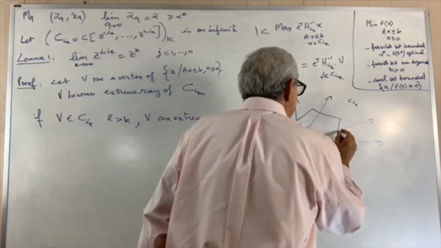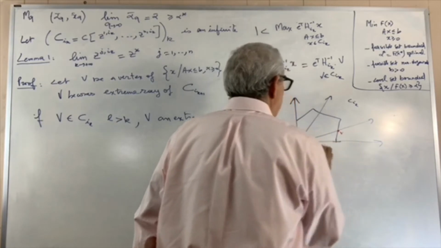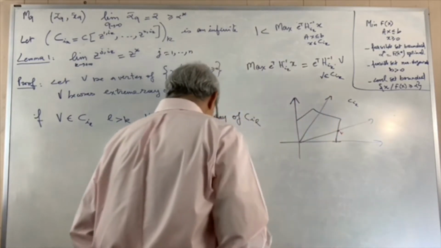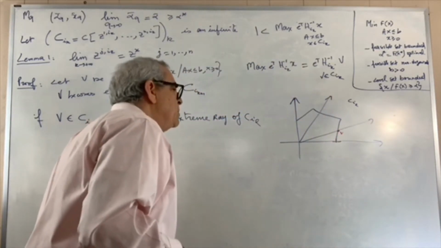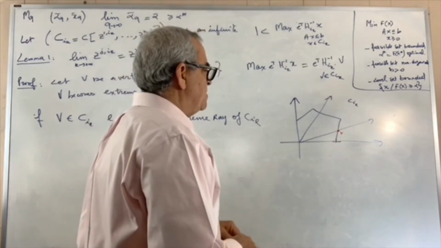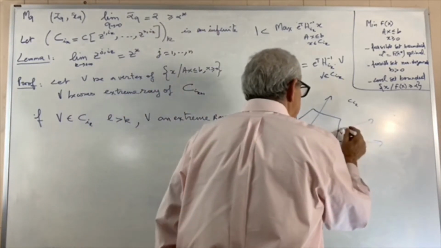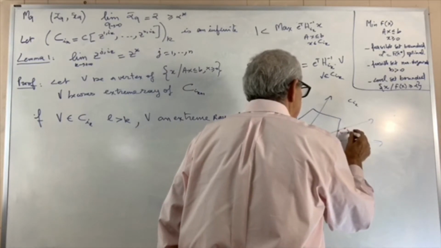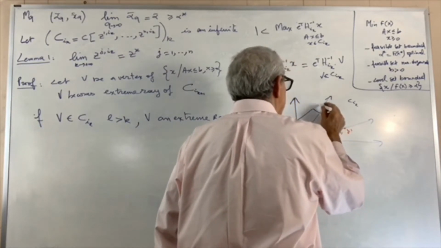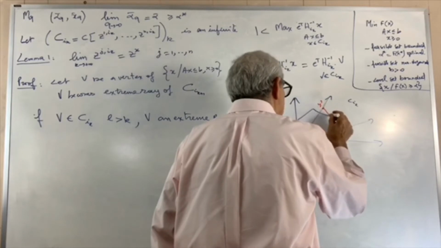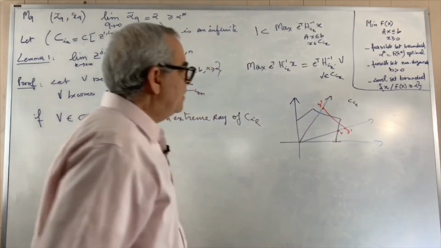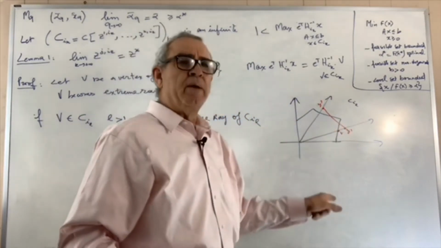And remember when we did the algorithm, we extended this v, so this is y1, and then this is y2, and then we form the plane like this. So this v is under the plane, right?